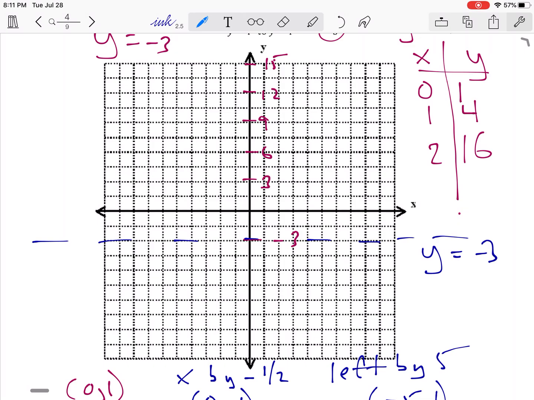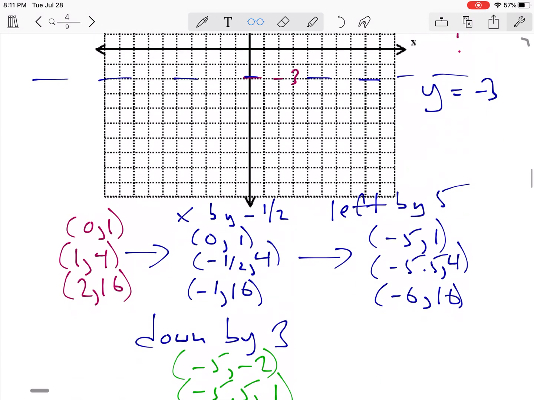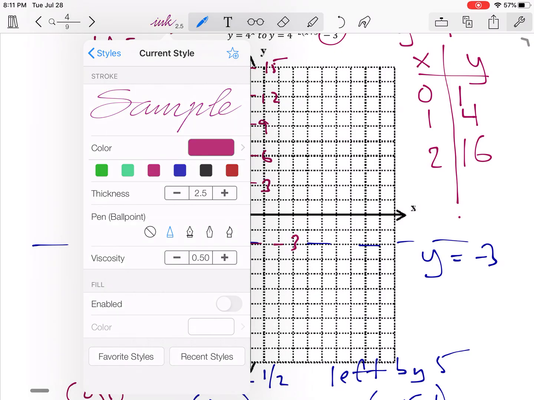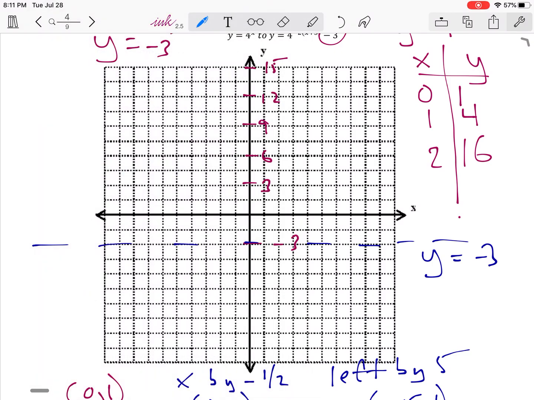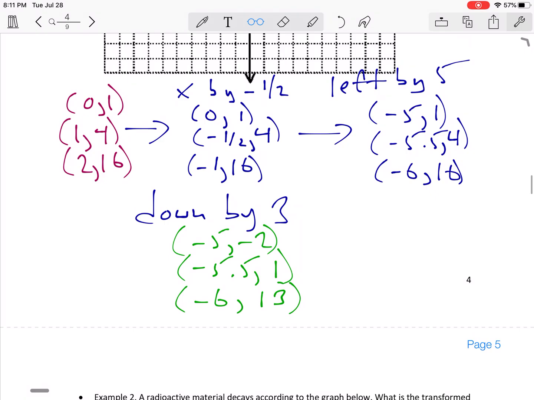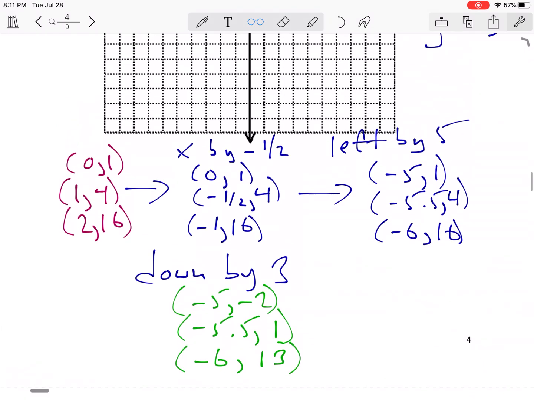And so we can plot our coordinates that we have. So we've got -5, -2. I haven't put the values in for x, so let's do that first. Let's see where our x goes from -5 to -6.